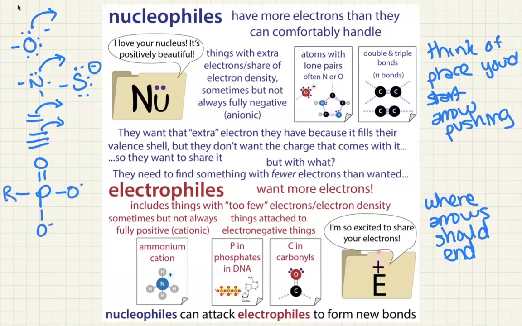Although we have all these negative charges, this phosphate is having the electrons pulled away from it in all these different ways. So it's going to have a partial positive charge, and it's going to be a great electrophile. Nucleophiles are going to be attacking that phosphate group a lot.